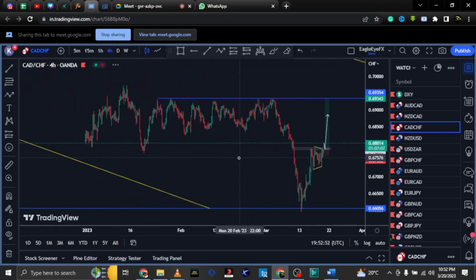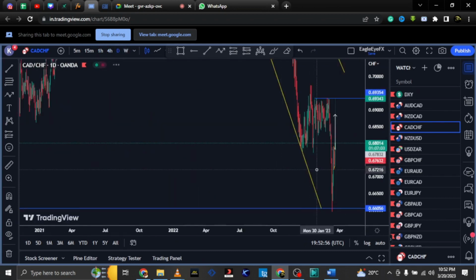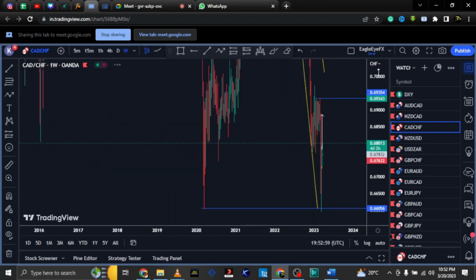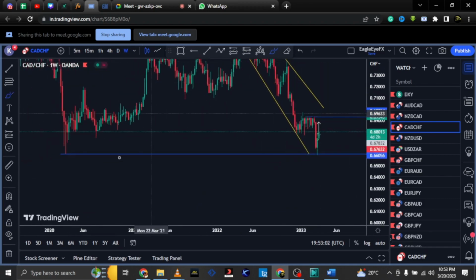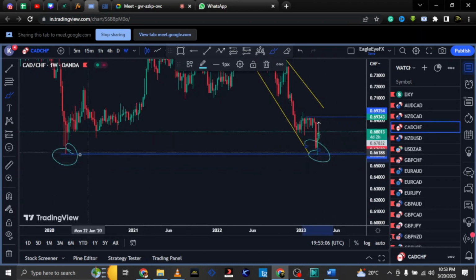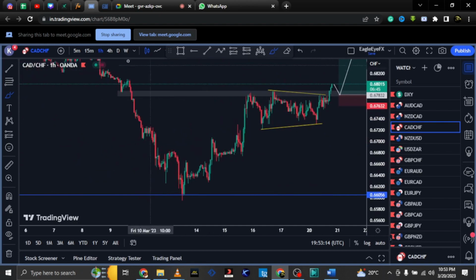And you can see it's clean. If you go to the daily time frame, maybe the weekly time frame, you can see that we are coming from a double bottom. This is a weekly time frame, so it's very strong. Then we had our impulse move.